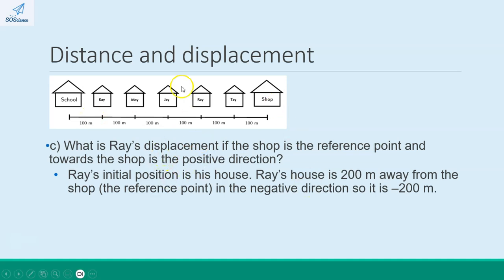Now, in this case, Ray's initial position is his house, but his house is 200 meters away from the shop. Now, the shop is the reference point. In this direction is the positive direction, which means that towards the school from the reference point is the negative direction. So that means that Ray's house is 200 meters from the reference point in the negative direction. So it is minus 200.